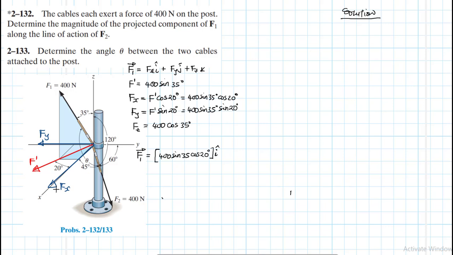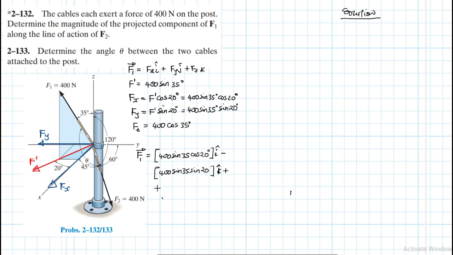Fx is positive, it's in the positive x-axis. And then for y it is negative, so it will be minus 400 sin 35 sin 20. And then the z component is positive.